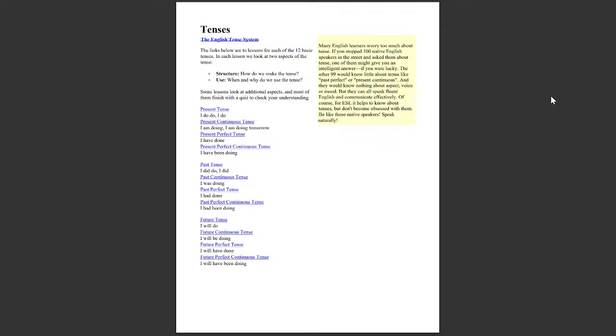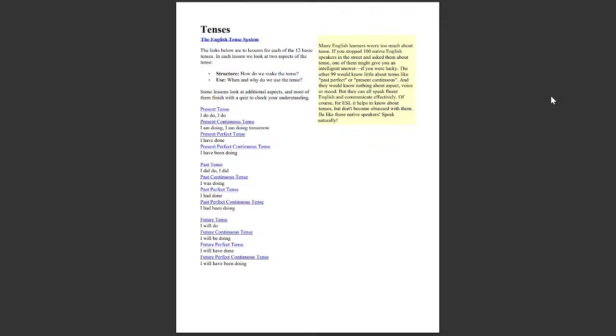Present perfect continuous tense: I have been doing. These are the variations for the present tense.